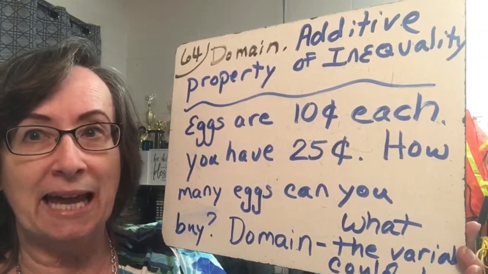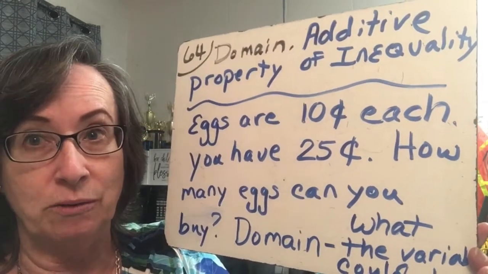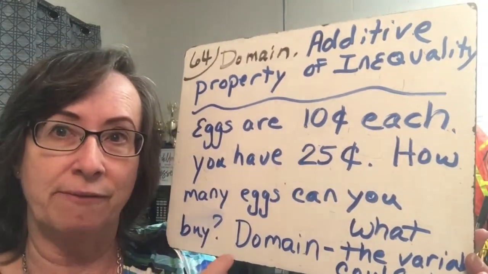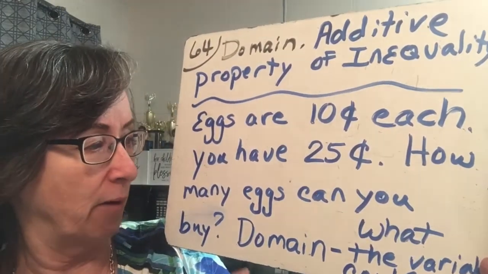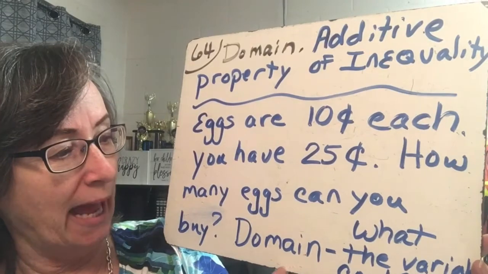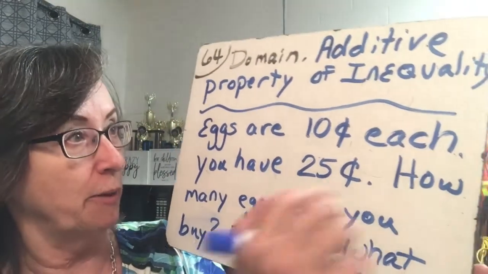So the domain is the set 0, 1, 2. That is what is reasonable for an outcome, so the variable could be 0, 1, or 2.